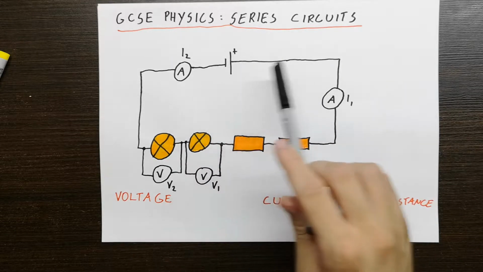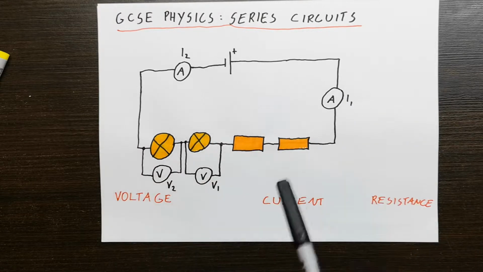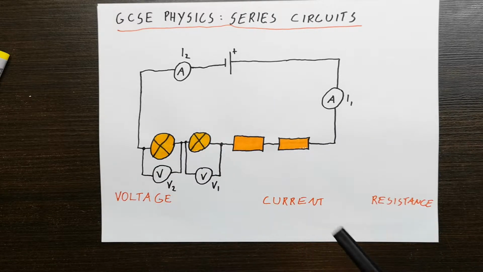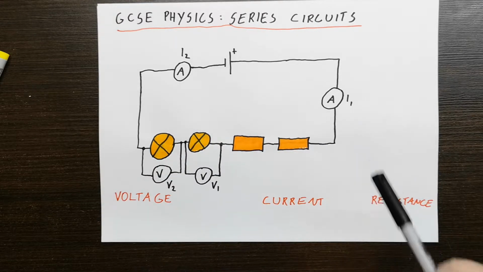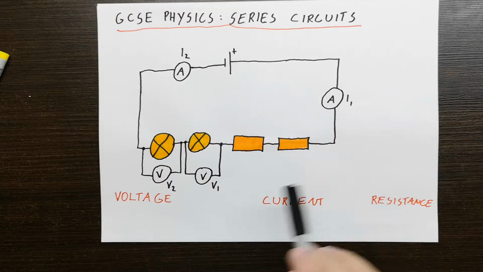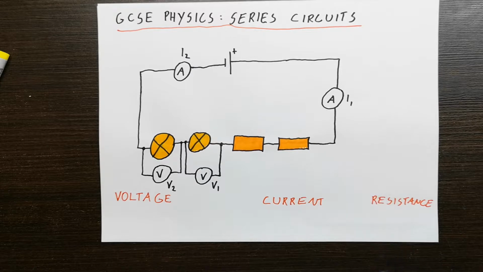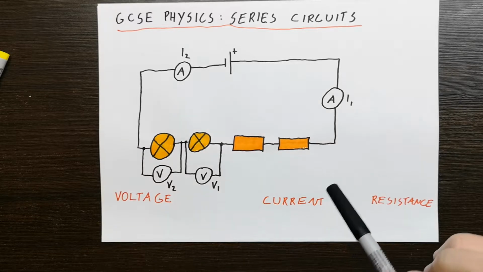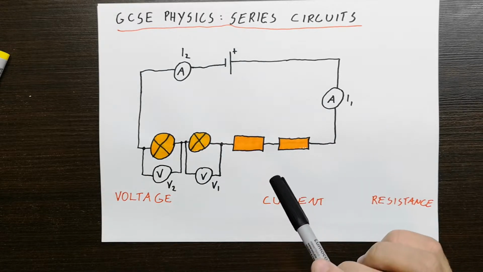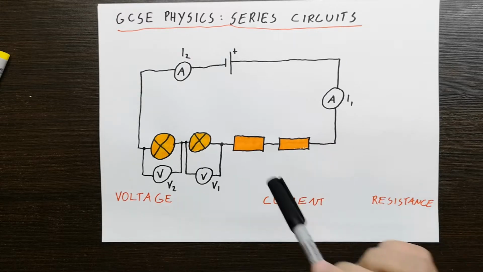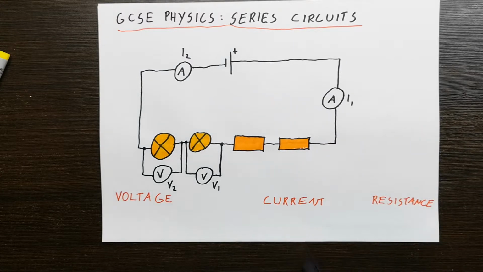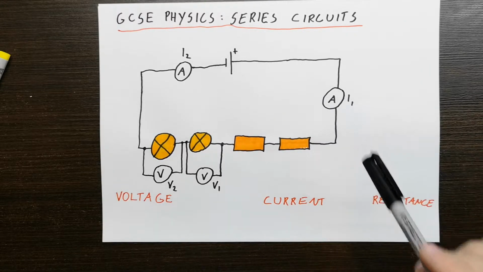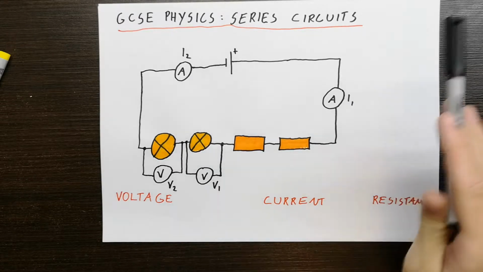Because all the charge goes through a single route, if at any point we get a breakage, a light bulb breaks or a resistor breaks or simply a cable breaks, the circuit will simply stop working. The entire circuit will go out, which is why a lot of modern electric appliances opt for parallel circuits. However, series circuits still play a very important role in today's electronics. So that's important. If a series circuit breaks anywhere, the entire thing just goes kaput.